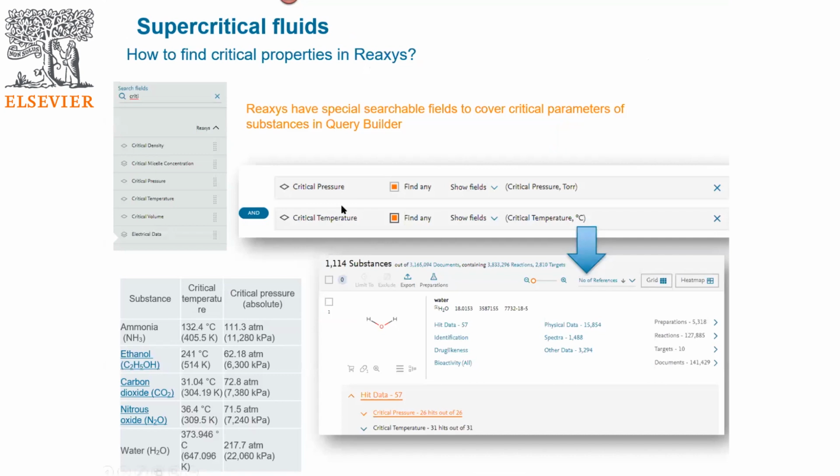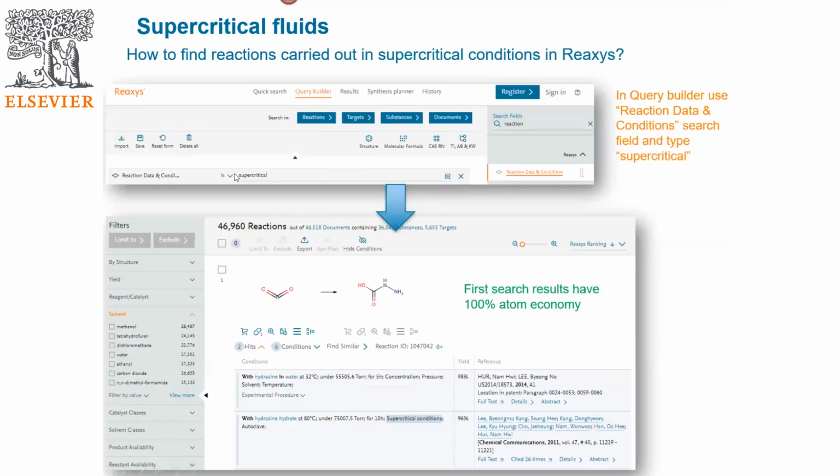So in Reaxys, you can find critical parameters of more than 1,000 substances, but ethanol, CO2, water, maybe ammonia are often used as a medium for carrying out reactions.